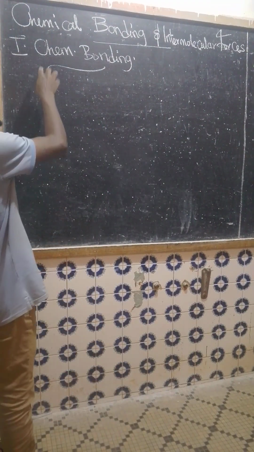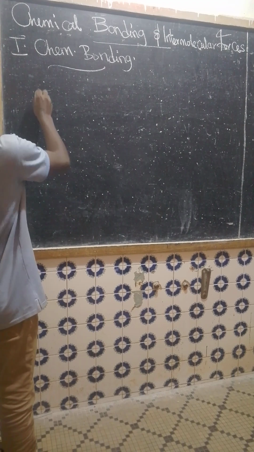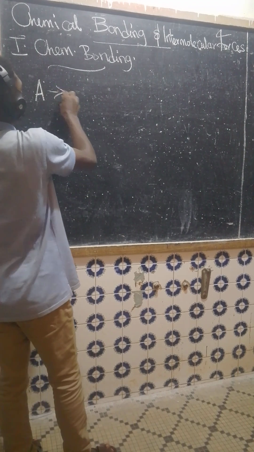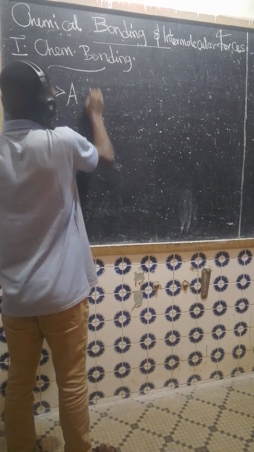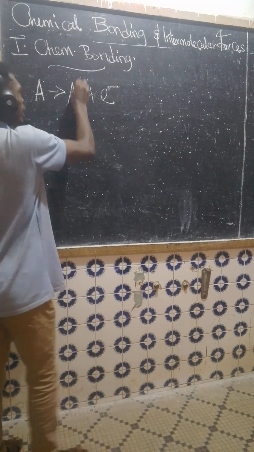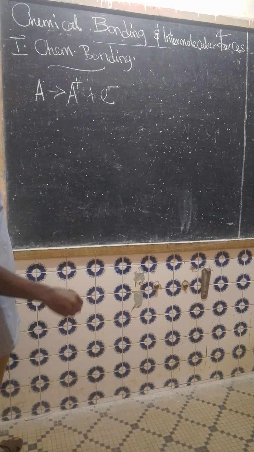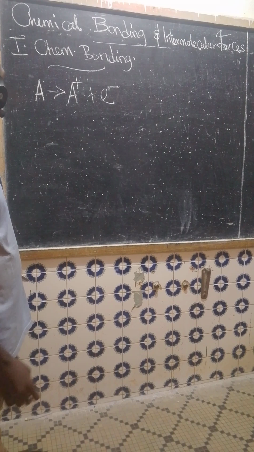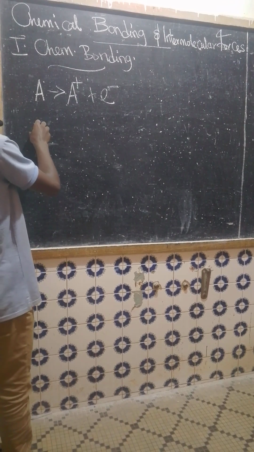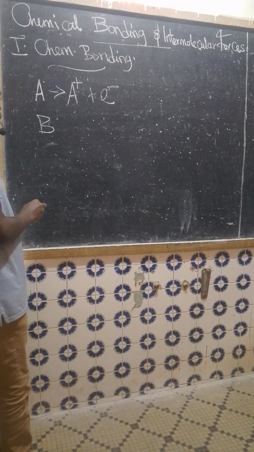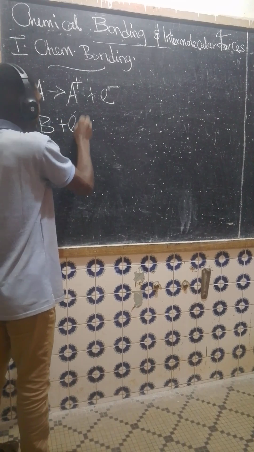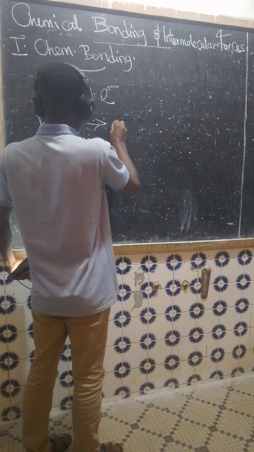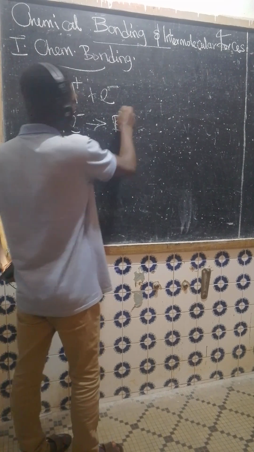Ionic bonding. This is what happened. A certain atom of an element, say A, gives out an electron and obtains a positive charge. Now another atom, say B, receives this electron and forms an ion B with a negative charge.